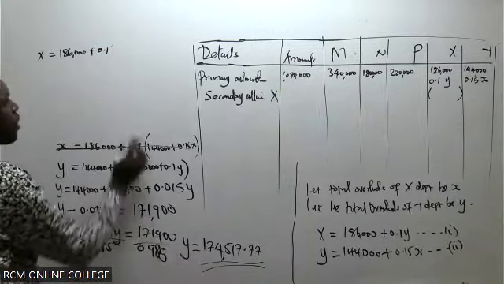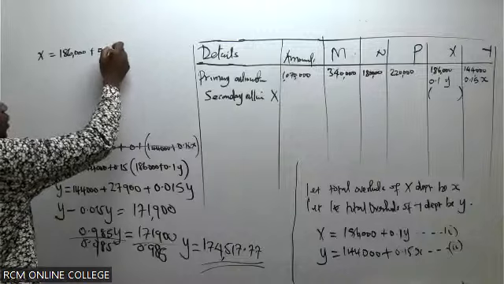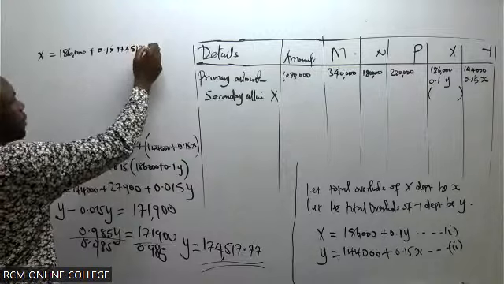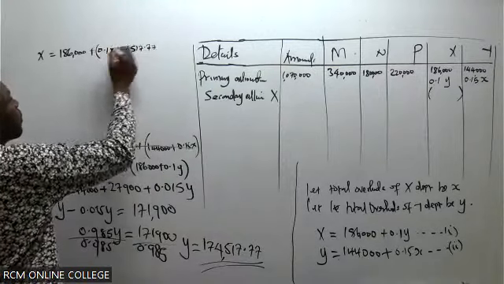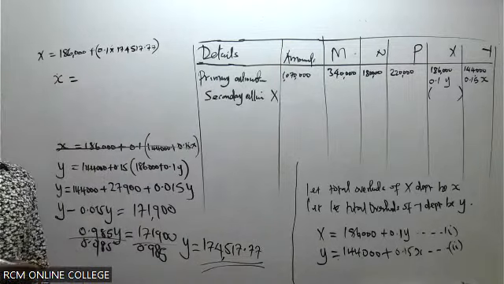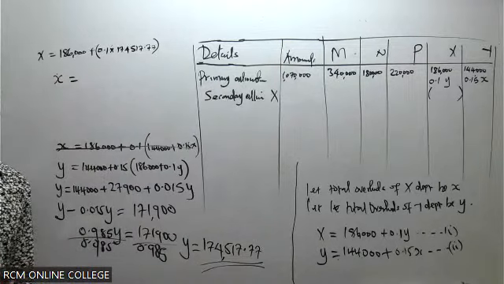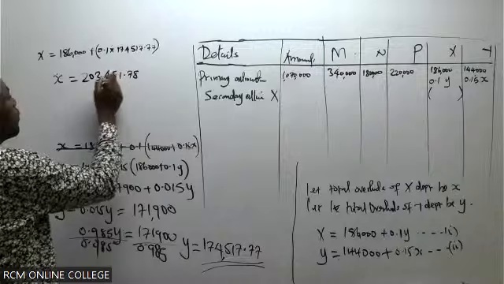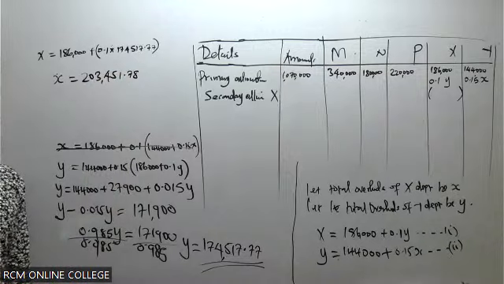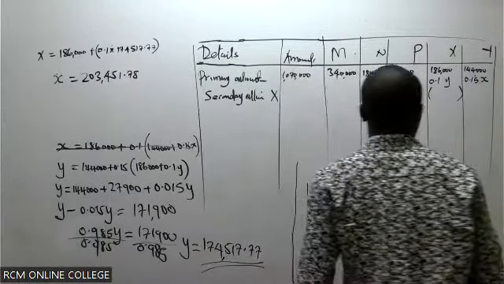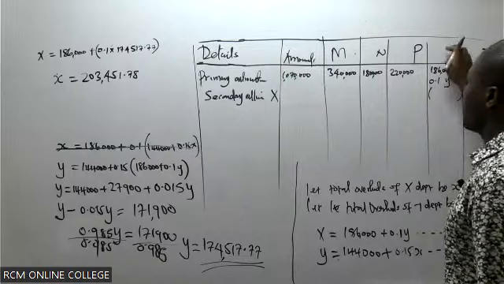And now we have the value of Y. So 0.1 of 174,517.77. When we do that, what do we get as the value of X? 23,451.78.